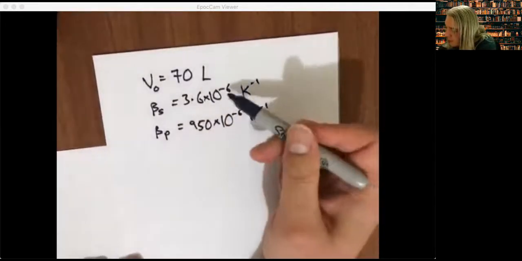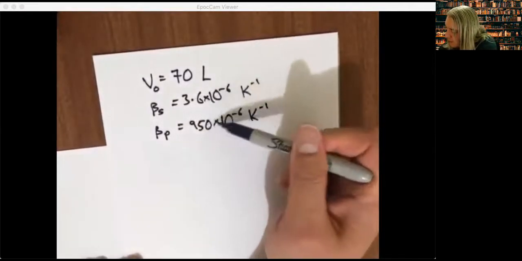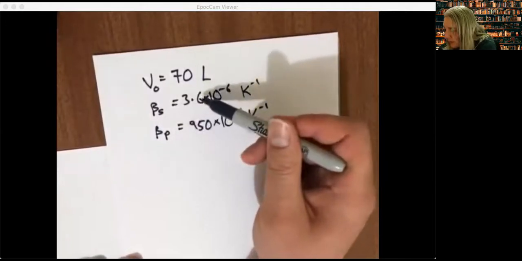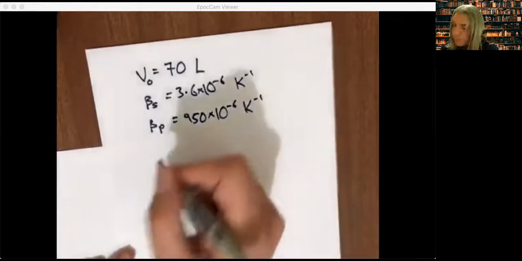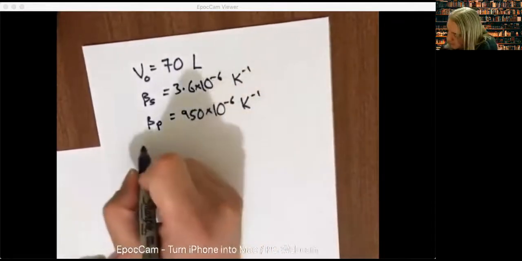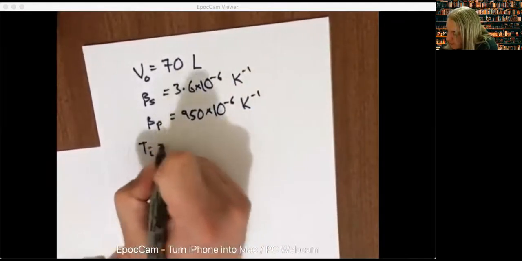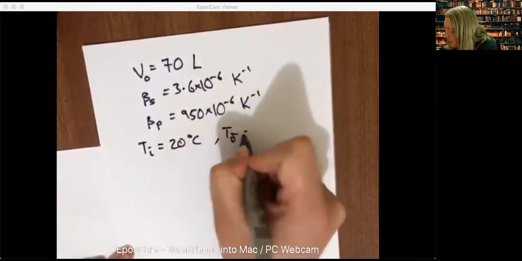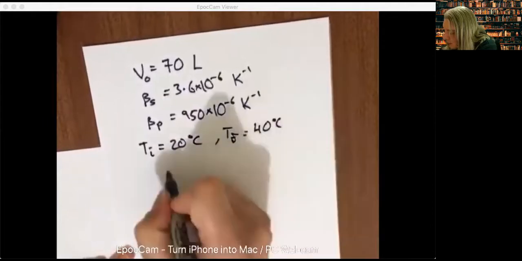So you can see already 3.6 times 10 to the -6, 950. The petrol is going to expand a lot more than the steel will, so we do expect it to overflow. And we've got the initial temperature equal to 20 degrees Celsius. Final temperature is equal to 40 degrees Celsius.